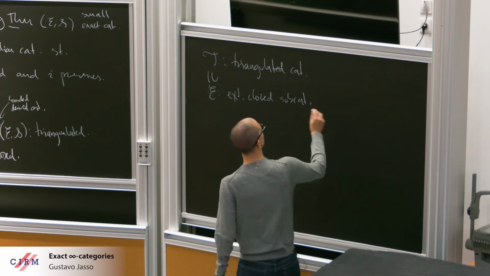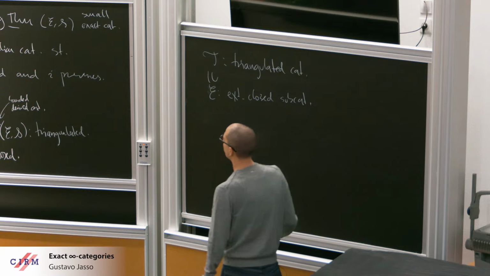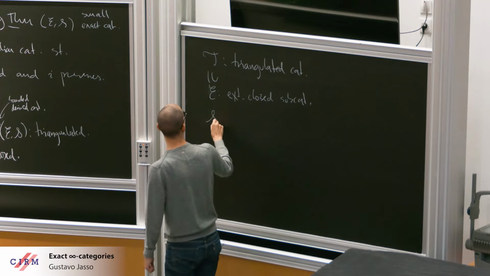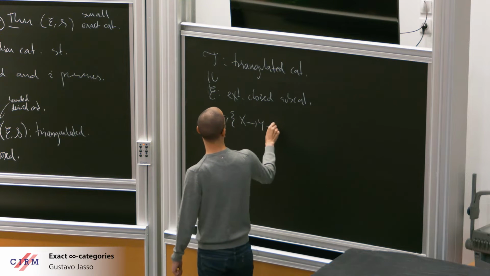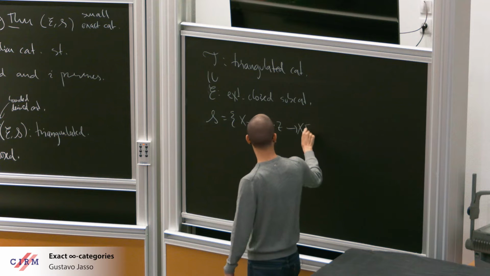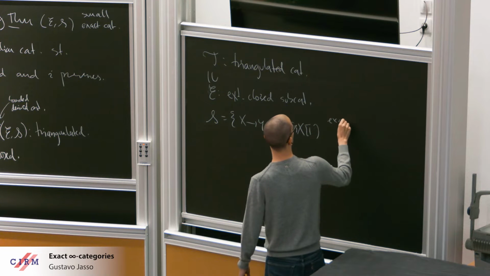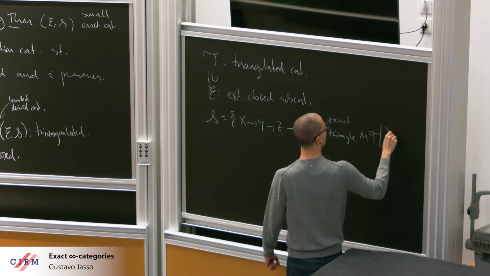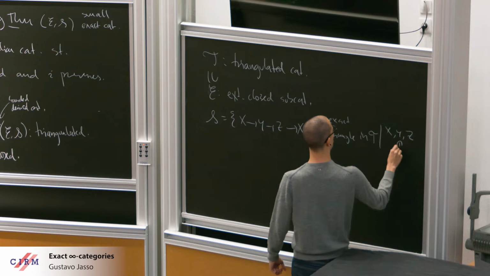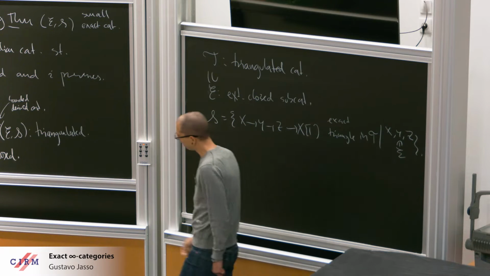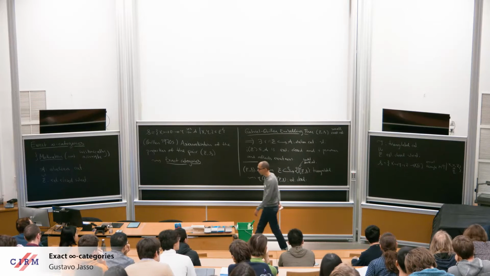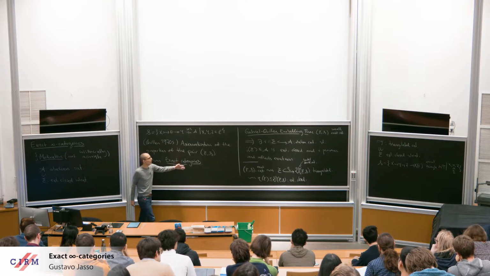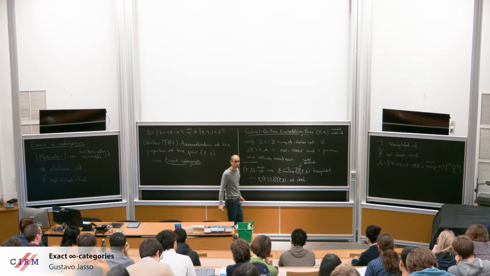And again, I may consider the following restriction of the triangles in T to E: the class S of exact triangles in T with terms in E. And now the question is, what is the analog of Quillen's axiomatization of the pair (E, S) in this setting?